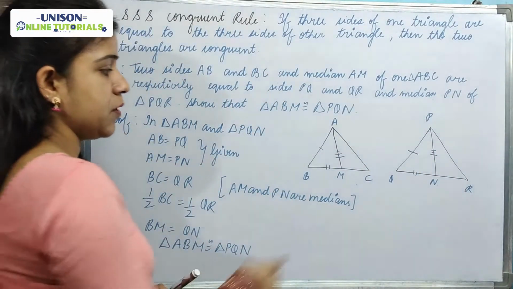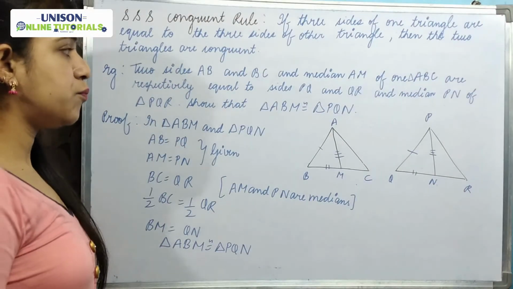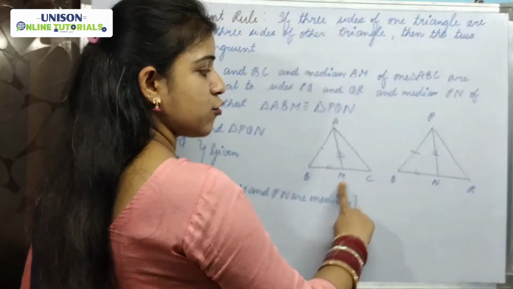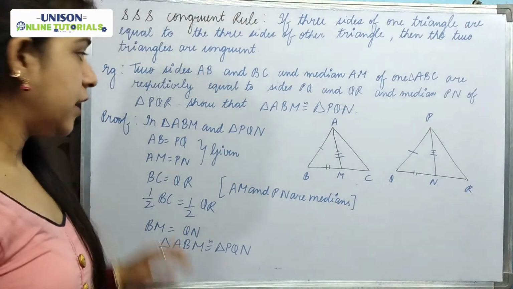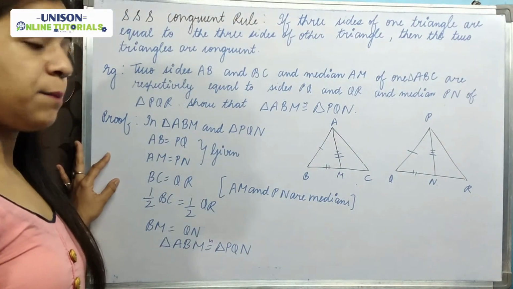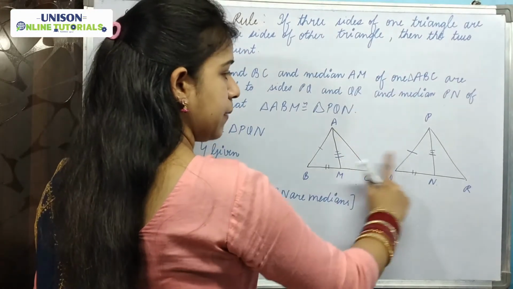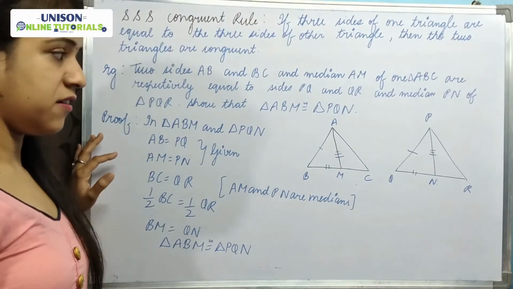And third one, BC equals QR. Now we have to prove that triangle ABM is congruent to triangle PQN. So first of all, in triangle ABM and triangle PQN, AB equals PQ and AM equals PN. This is given. Now we need the third side.